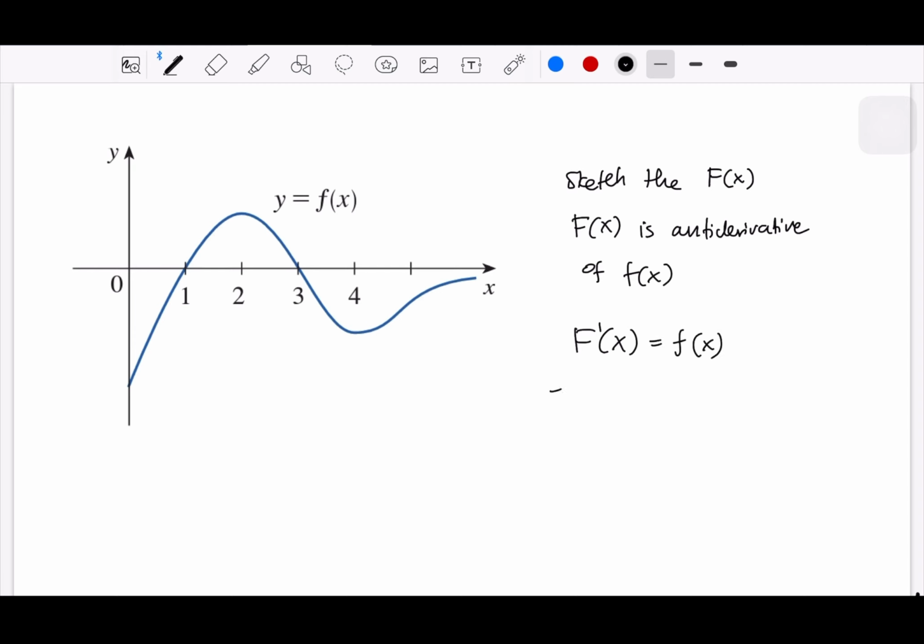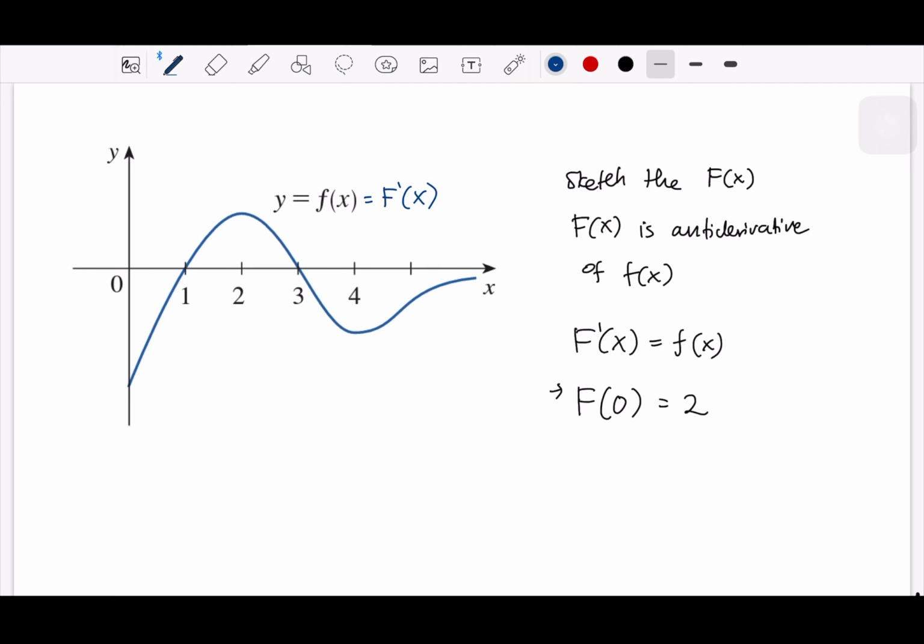And some useful information is that the capital F at x equals 0 is 2. So first thing, we can take this small f as capital F prime of x. It's the same thing, right? So we would like to know what kind of graph the capital F is.